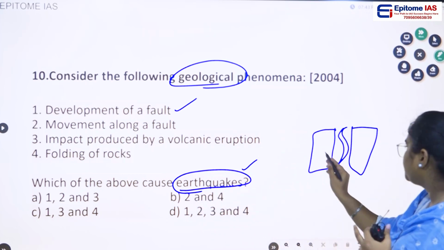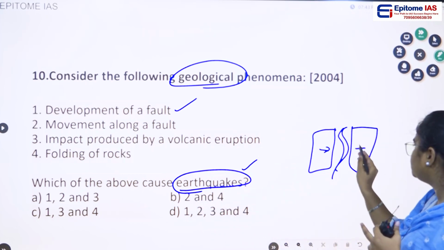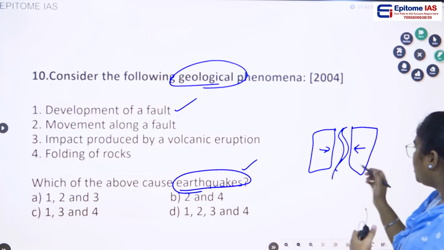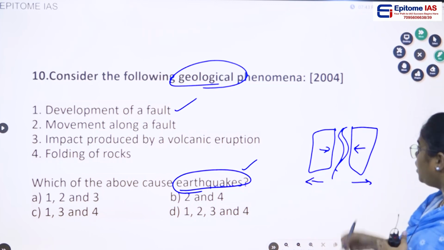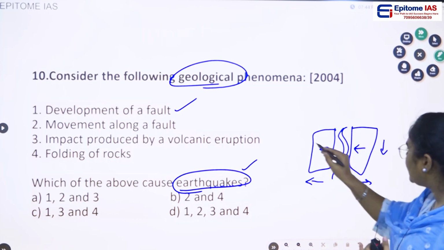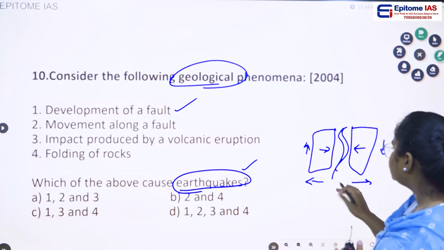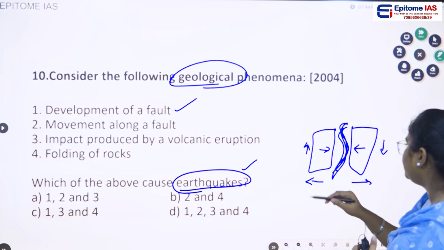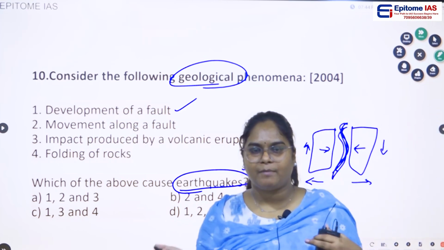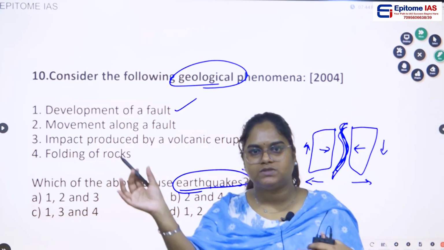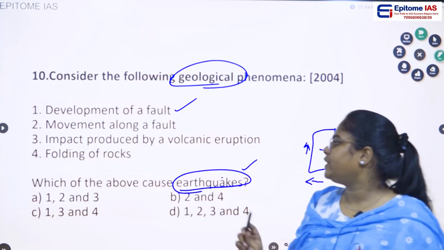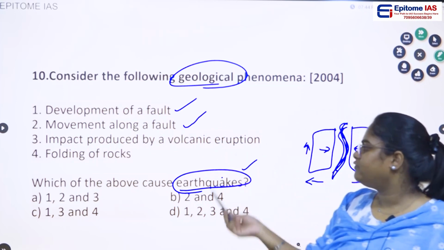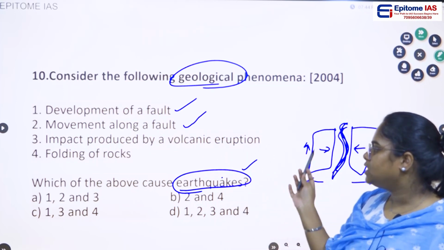Let's say two plates are moving against each other, or the plates are moving away from each other, or they are moving in the transverse direction. In all the cases, when there is a movement along the fault, what will happen? Again, the sudden release of a high amount of energy will happen and it will cause an earthquake. So movement along the fault will also cause an earthquake.